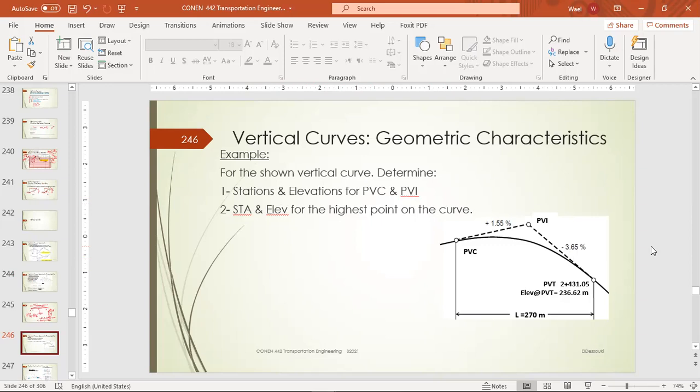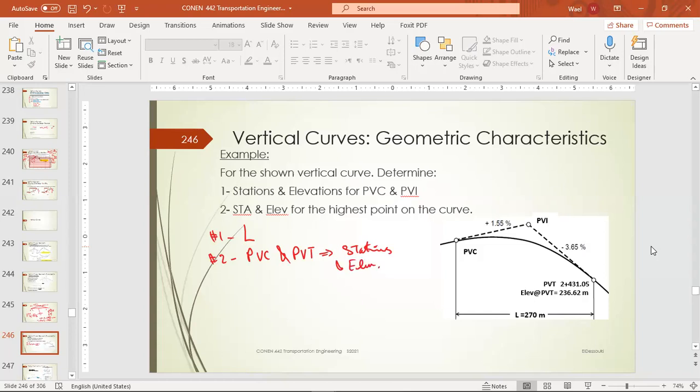When we ask for designing a vertical curve, what are we looking for? Number one, we are looking for the curve length L. Number two, we are looking for the BVC, point of vertical curvature, and the point of vertical tangent, in terms of stations and elevations.